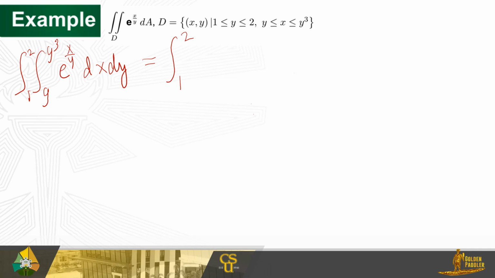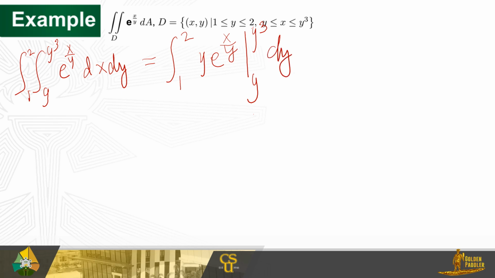Yung integral nito will become y e to the x over y, kasi yung derivative ng x over y with respect to x is equal to 1 over y. So i-reciprocal lang natin yan, instead ng 1 over y, magiging y na lang. And this will become evaluated from y to y cube, dy.